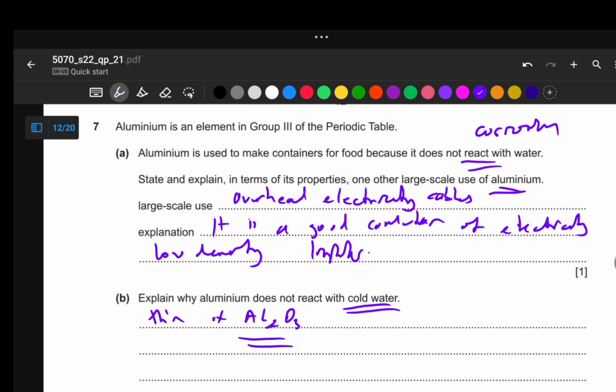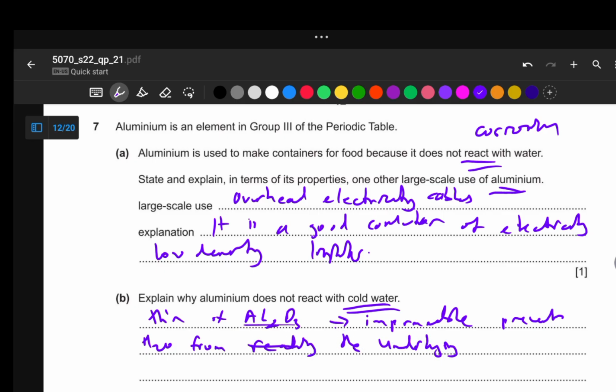This layer is going to prevent further reaction. Why? Because it is an impermeable layer, so it prevents water from reaching the underlying metal, right? So this is the explanation.